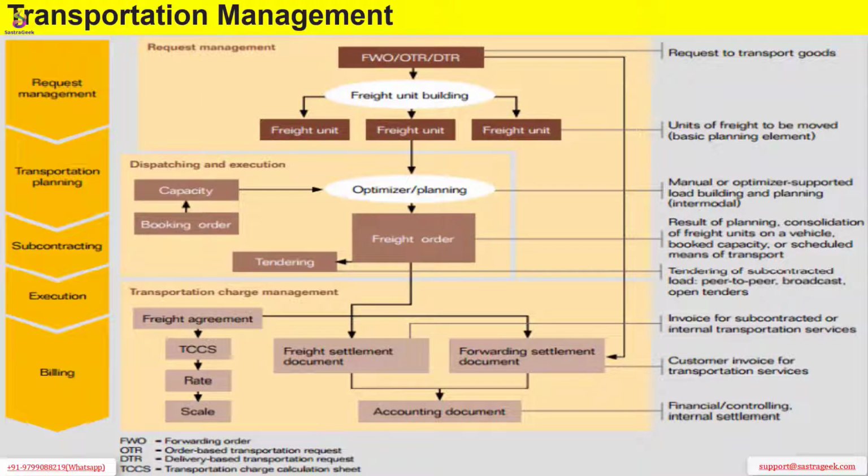The one we will discuss today is scales, rates, and all that, on the left-hand side, called transportation charge management. Then we will go on to the freight settlement document and then the accounting document, which will be the subsequent one.